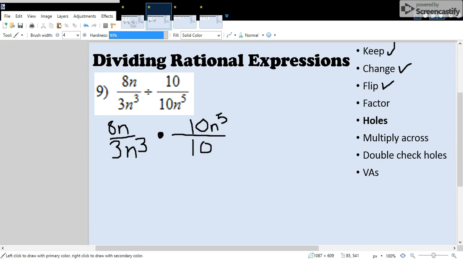Okay, ask yourself, is there anything to factor? Go ahead, pause the video, do the next step. Okay, you should have said no, there's nothing to factor here. Let's go ahead and see what cancels out, if there's any holes yet. The only thing that looks exactly the same is the 10s. They reduce to 1. So let's go ahead and multiply straight across.